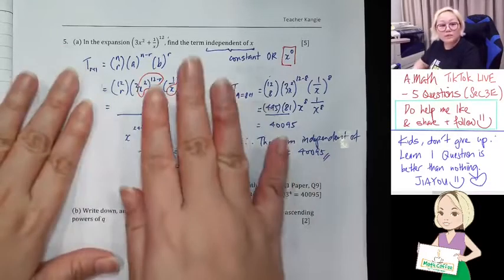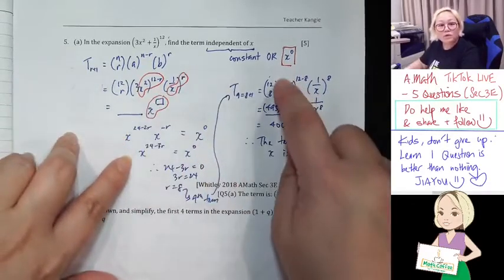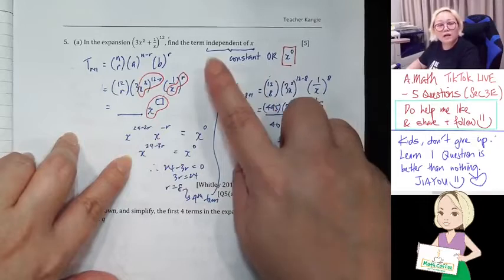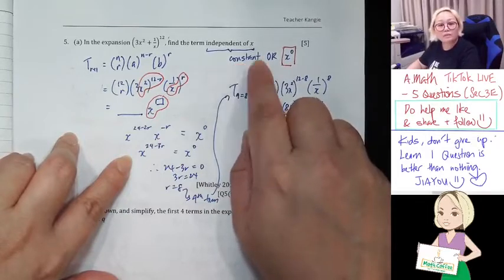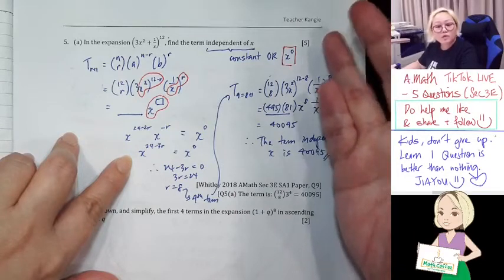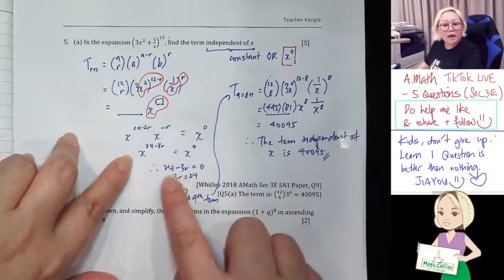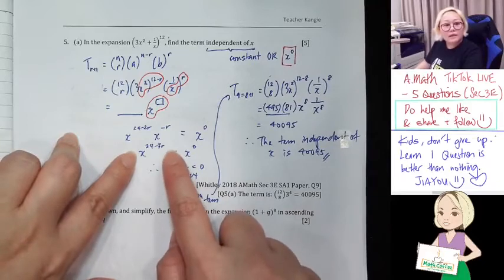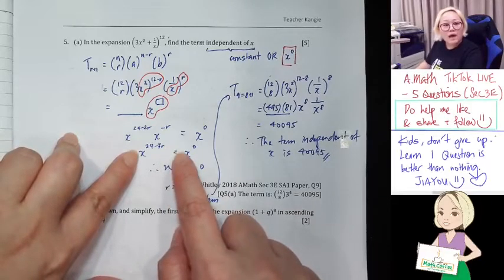Okay, you can do the same thing. If I ask you to find the coefficient of the term with, for example, x to the power of 2, all you need to do is set this equal to x to the power of 2.